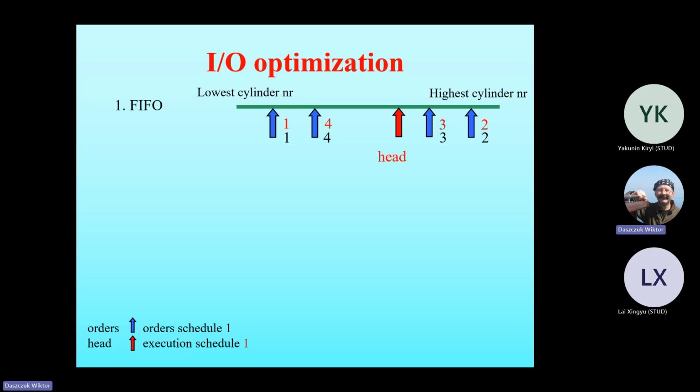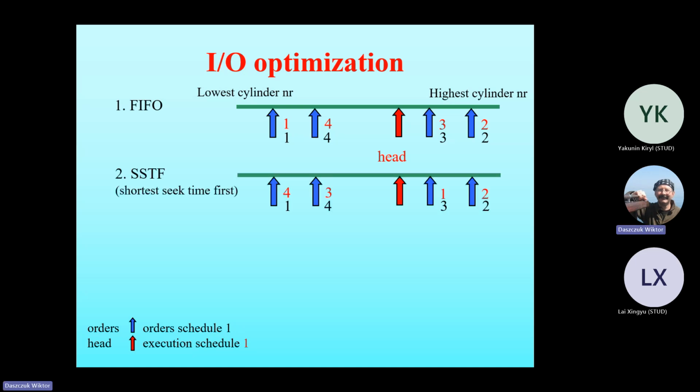So if the orders come in the order 1, 2, 3, 4, they are executed in the same order when the current transmission finishes. First optimization is SSTF, shortest seek time first.